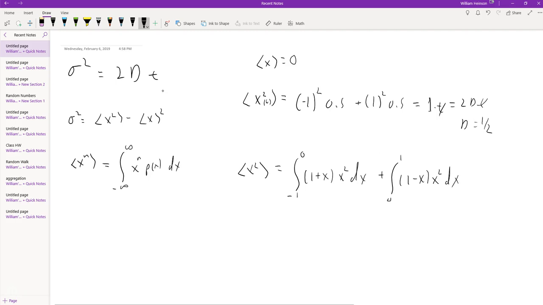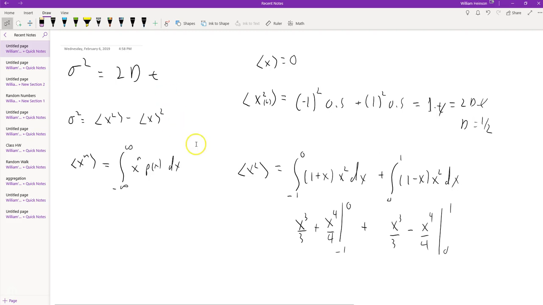We have x squared here, so we end up with x cubed over 3 plus x to the fourth over 4, from -1 to 0, plus x cubed over 3 minus x to the fourth over 4, from 0 to 1.